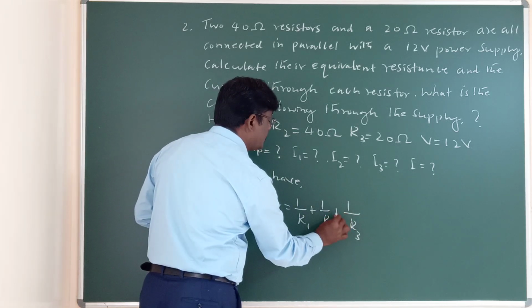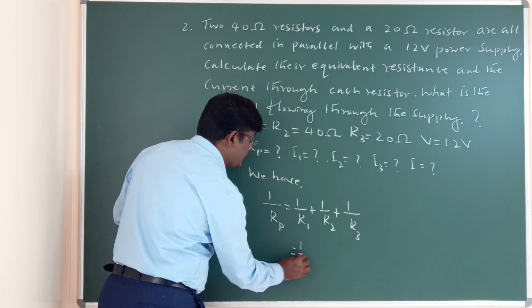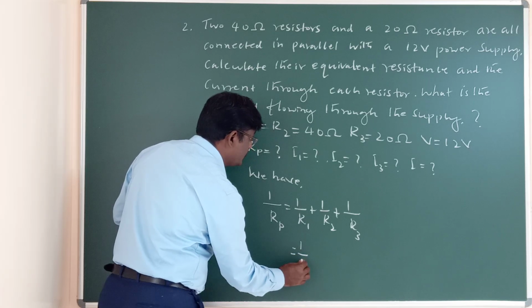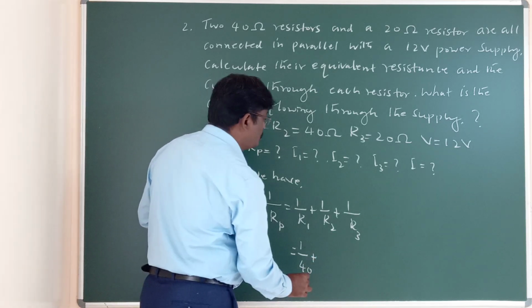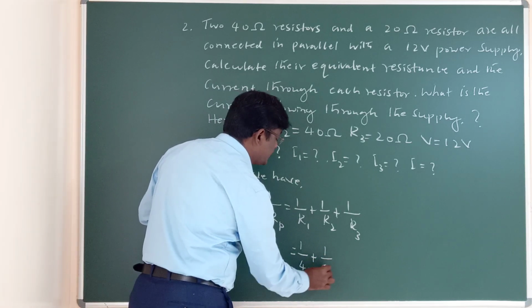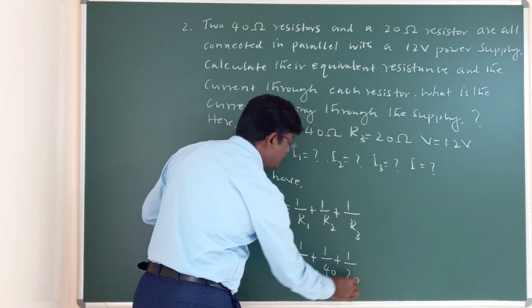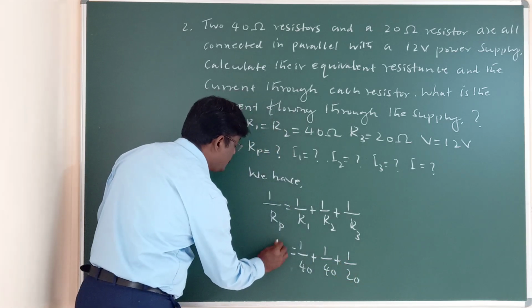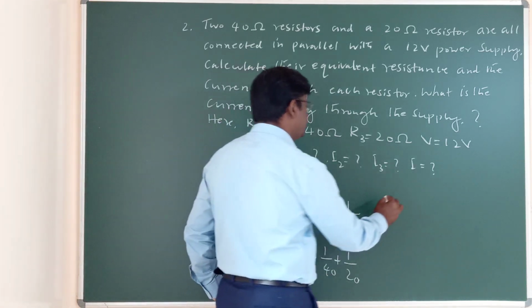Substitute that. R1 is 40, so 1 by 40, plus 1 by R2, R2 is also 40, plus 1 by R3, which is 20. This is 1 by Rp.